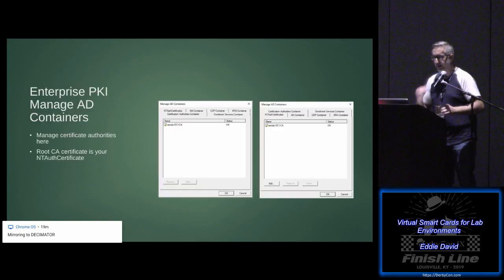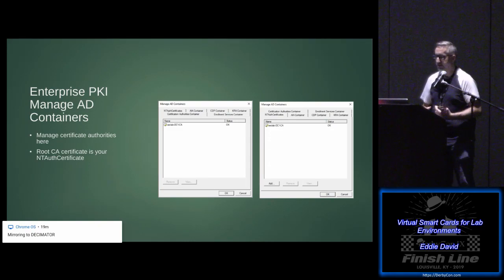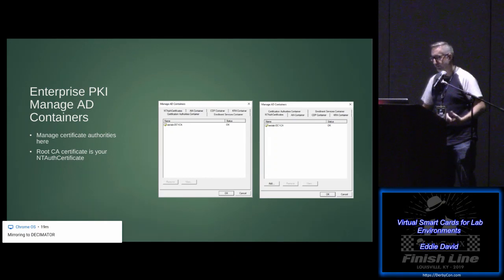And the reason being is once you deploy that first online enterprise CA, if you get into the properties of your enterprise PKI, manage AD containers, you're going to notice that what you just deployed is actually in the certificate authorities container, but you need to let policy take hold of all your machines so that that root CA just gets rolled out. So that's why you have to do that.